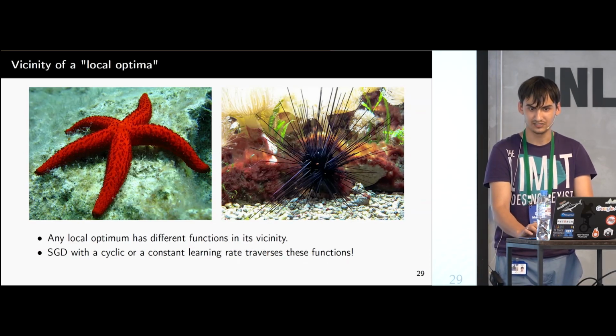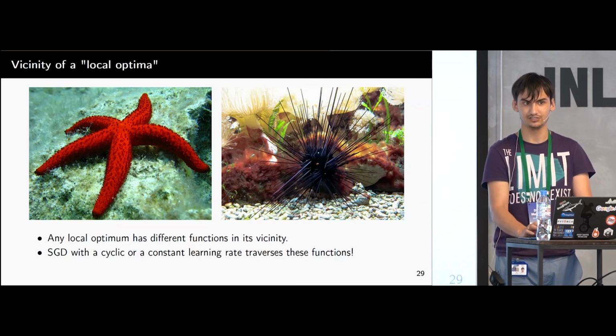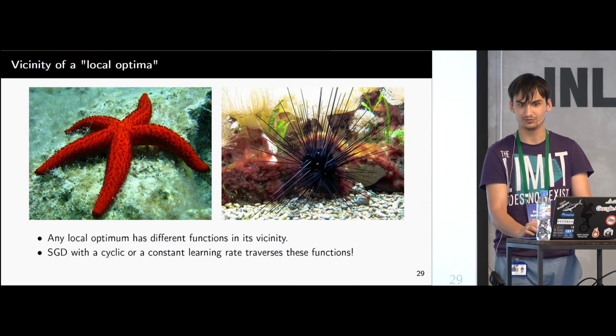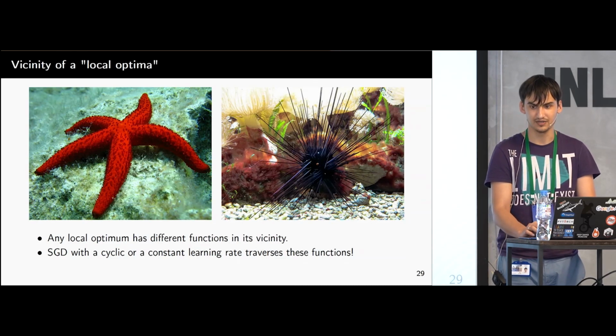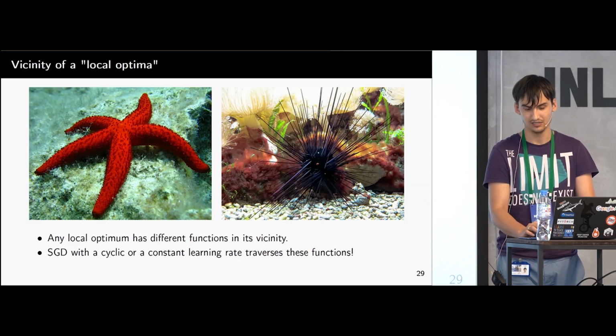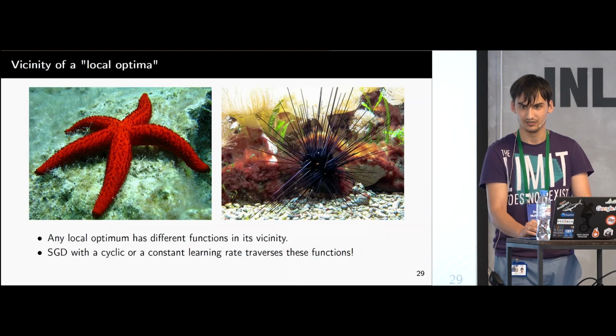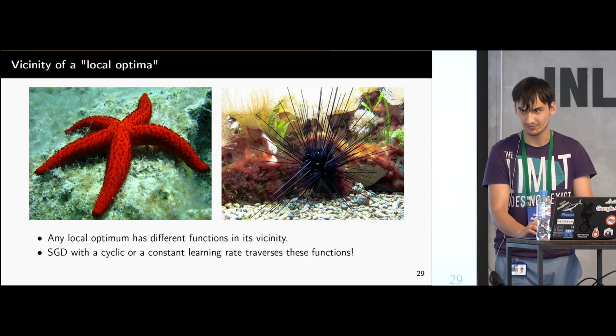You can take several snapshots during SGD training and then ensemble across the snapshots and obtain a good quality prediction. This works just as well as snapshot ensembles, which used a huge cyclic learning rate schedule in order to escape the local optimum. So it turns out that you don't need to escape it, because there are a lot of different functions in close vicinity to one optimum.